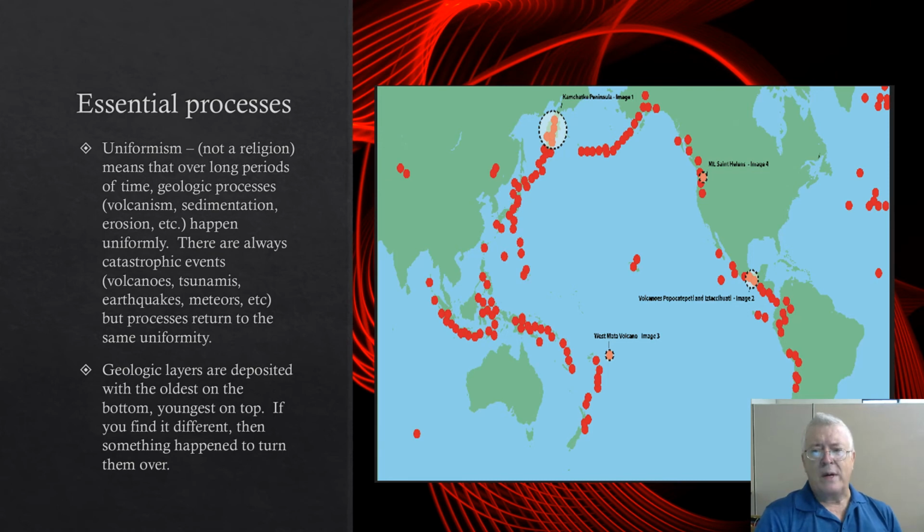But they always are in this uniform manner, so that if you look at the layers, they tell you what's been happening over these long periods of time.